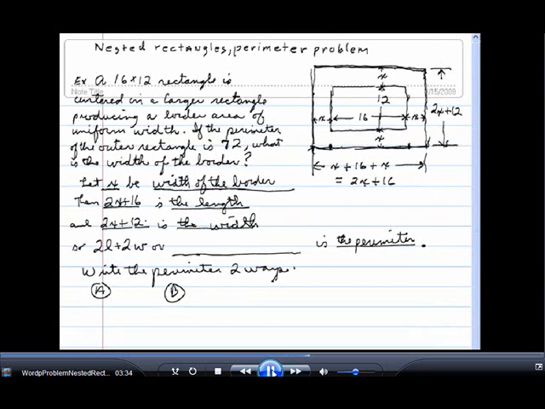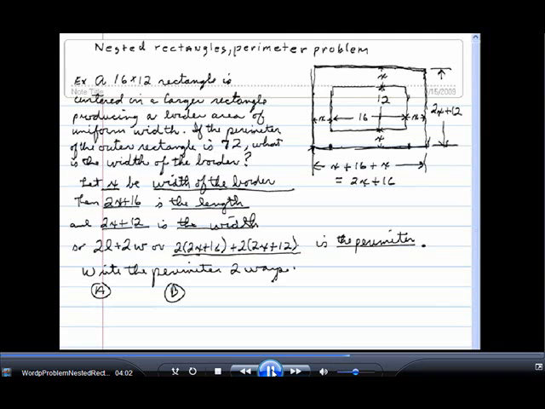Now the perimeter is what we're really interested in, because that's what our clue is, that the perimeter is 72. So I'm going to say 2 lengths plus 2 widths, or writing it in terms of our drawing, 2 times (2x plus 16), that's 2 lengths, plus 2 times (2x plus 12), that's 2 widths, gives us the perimeter.